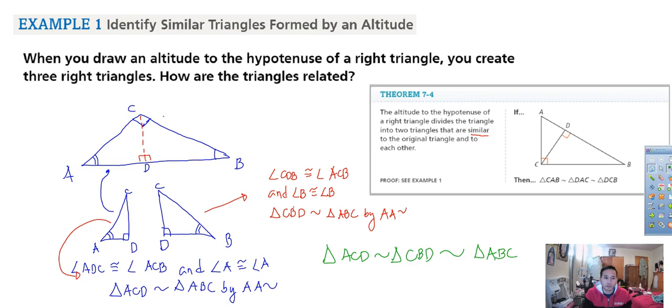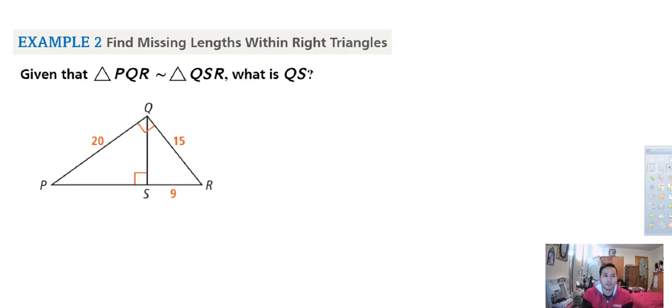We go now to example number 2. In example number 2, we have to find the missing length within the right triangle. Given that triangle PQR is similar to triangle QSR, what is the measurement of QS? We'll apply the theorem that we already know.